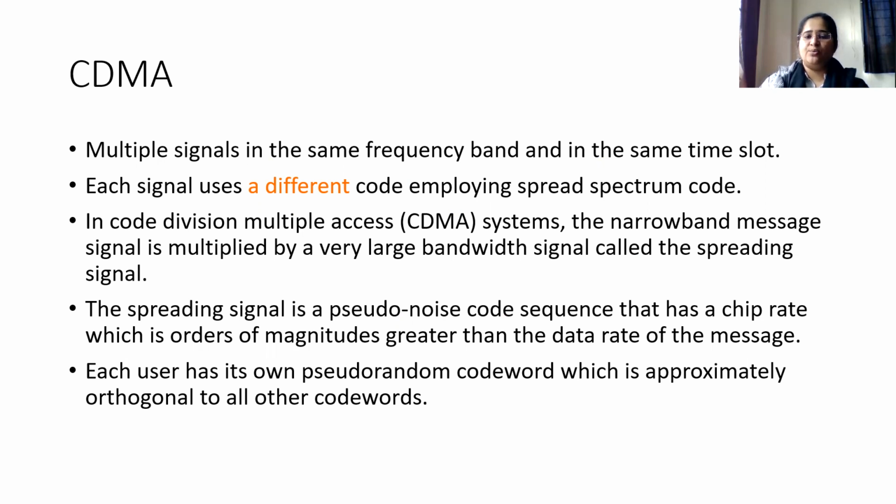The PN sequence is a binary sequence and it is random in nature, but it can be generated in a deterministic manner. The rate, known as the chip rate, of the pseudo noise sequence is very high, and all these codes are orthogonal to each other.